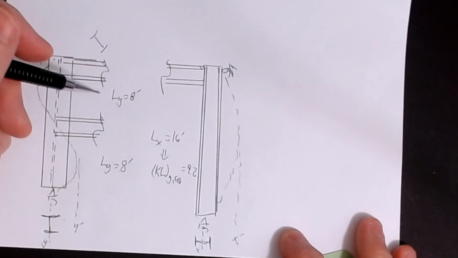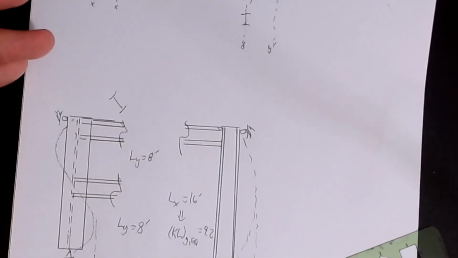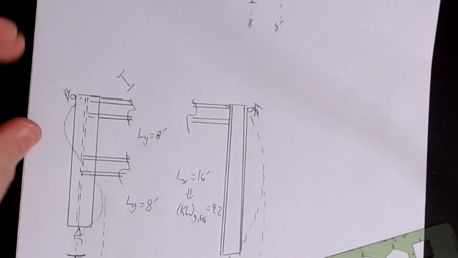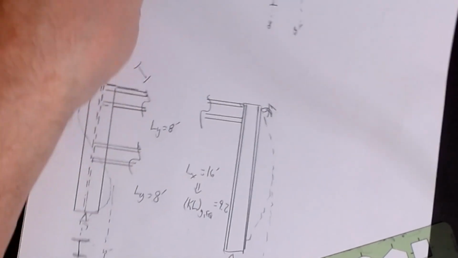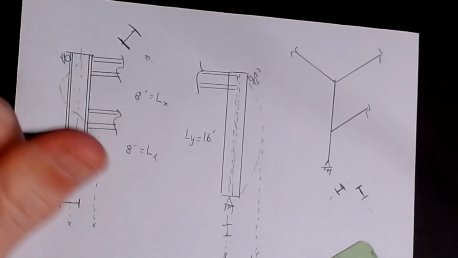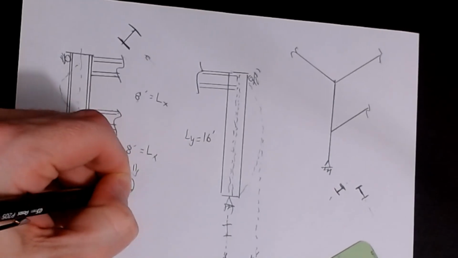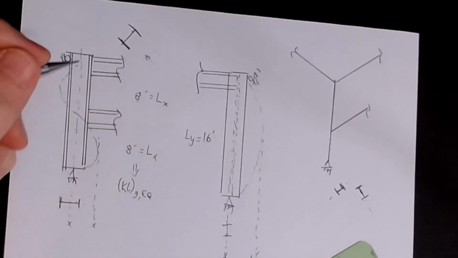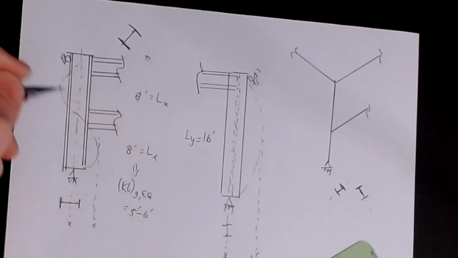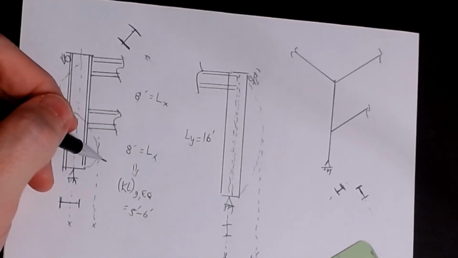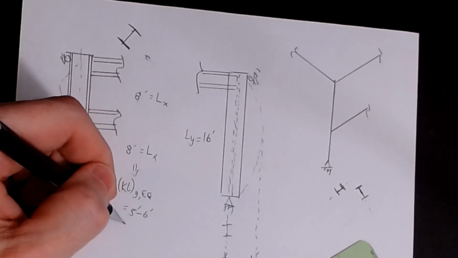So what you're doing when you're comparing these and determining which way to turn a column is you have to look at the orientations, and you want these two numbers to be as close to each other as possible, instead of the first case, which, like I say, I haven't run the number on this, but I'm guessing that KLy equivalent would be somewhere on the order of 5 to 6 feet, maybe. If I took that divided by 1.7, probably more like 4.5, but let's just say 5 feet on this.